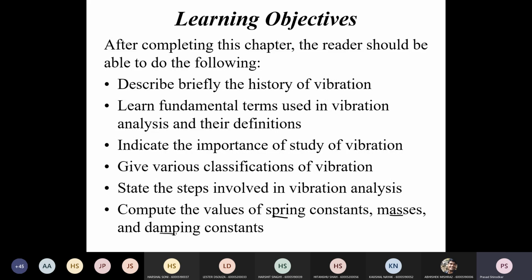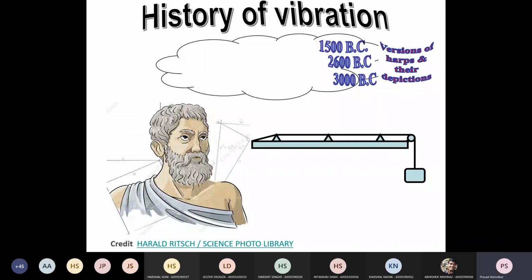All right. So let's start with what was the origin of the subject and why people started studying it. People started studying this subject because they were interested in vibration when they first created musical instruments.